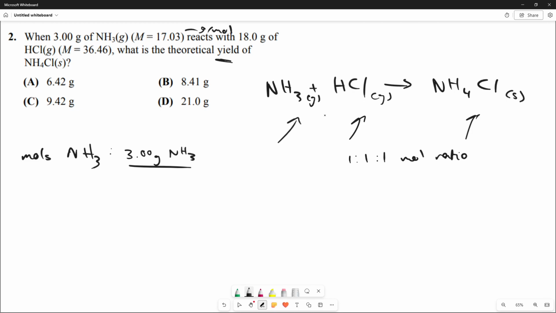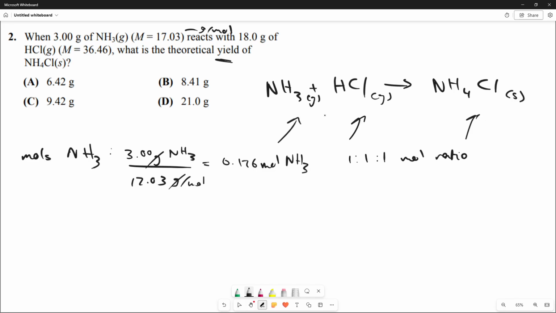The grams cancel, so we have 0.176 moles of NH3.